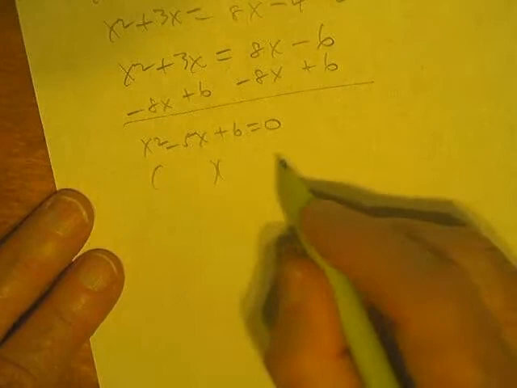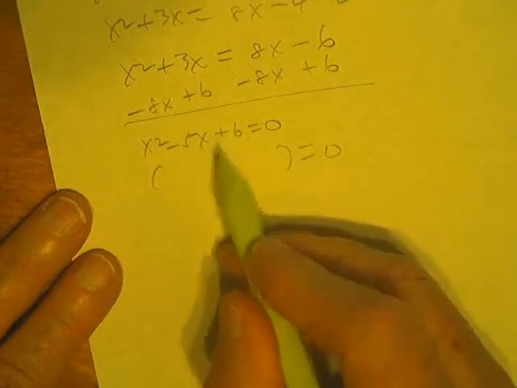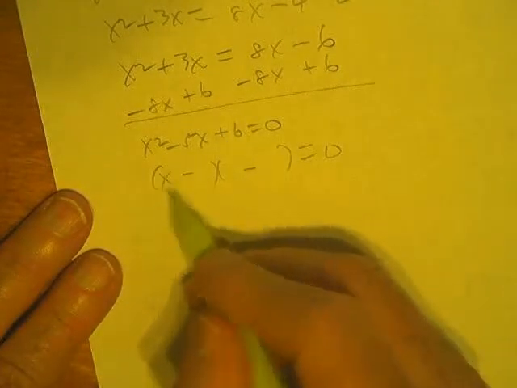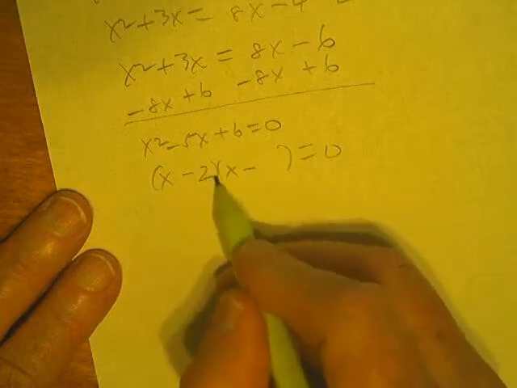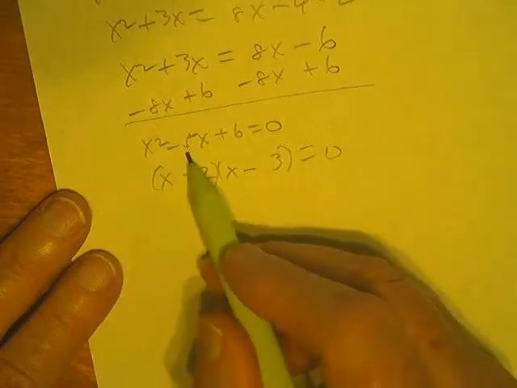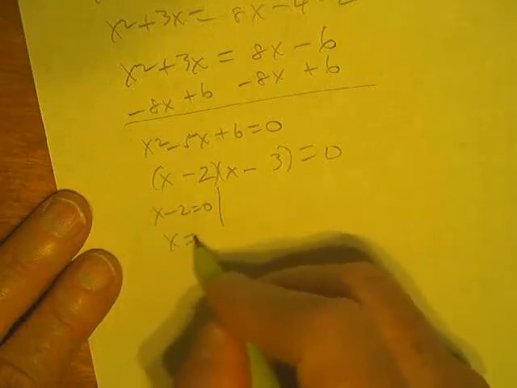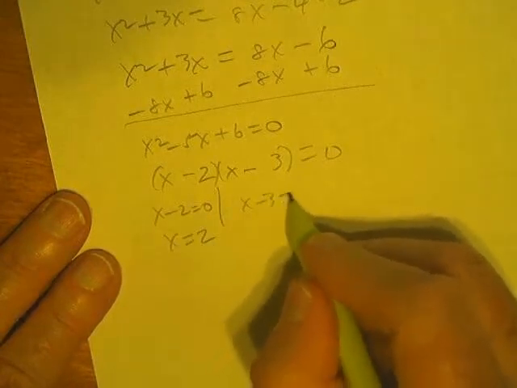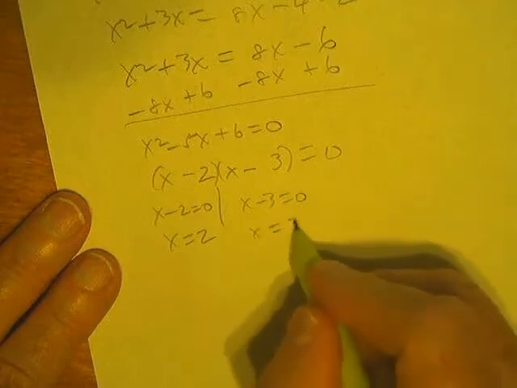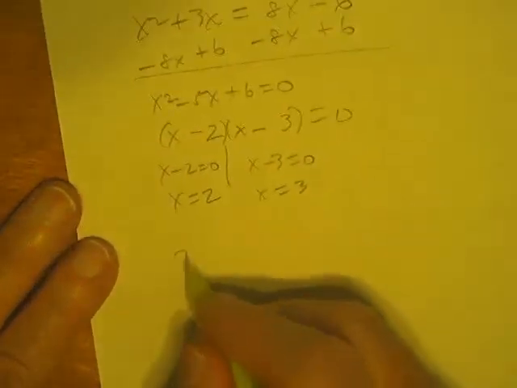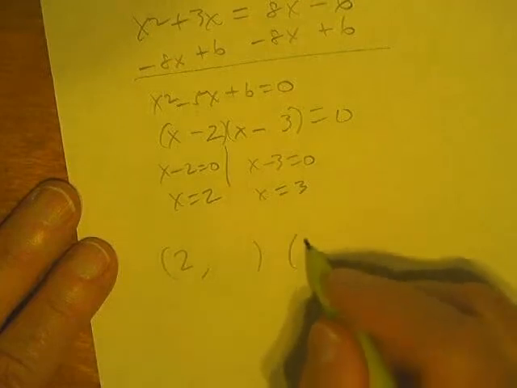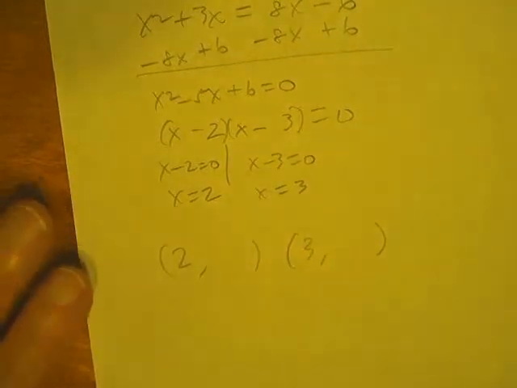Factor it. Let's see, last term positive, both signs like the middle, x and x. How about 2 plus 3 is 5? X minus 2 is 0, add 2, there's 1 x. X minus 3 equals 0, add 3, there's the other x. So I've got 2 points on this one too, it would appear.